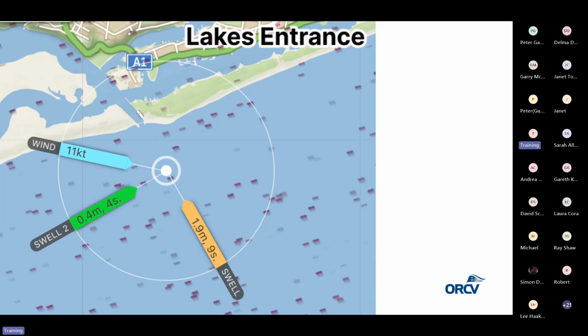And this second swell would be coming from another direction as well. So we've got 2 swells from 2 different systems. And the problem with this is, if you were going in there, those 2 swells would make it very difficult to steer in a straight line.